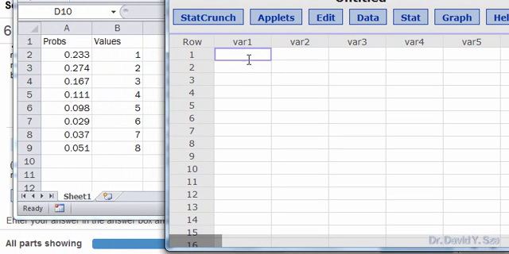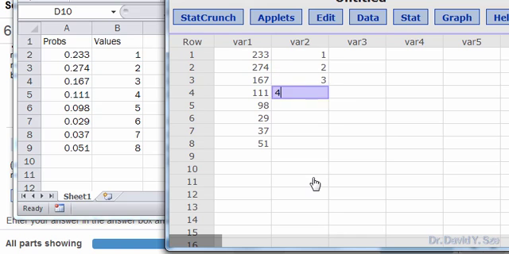I'm going to type in these values. The problem here is I need to type them in as whole numbers, not as probabilities. So that's 233, 274, etc. 98, 29, and type in the values.